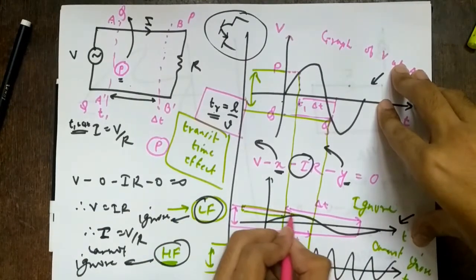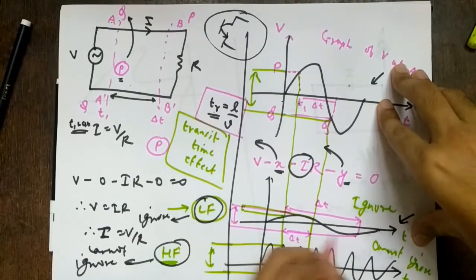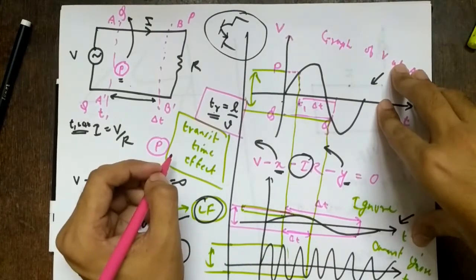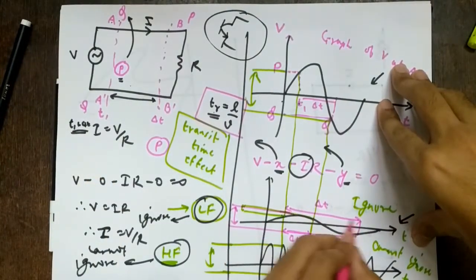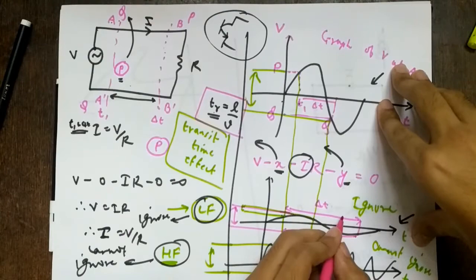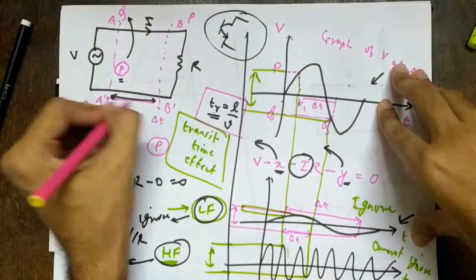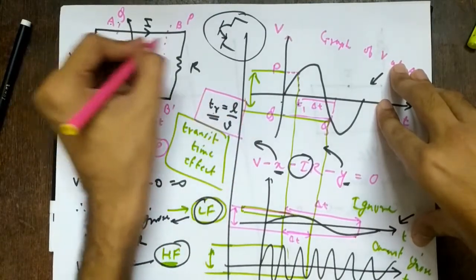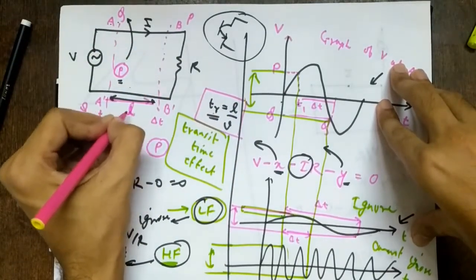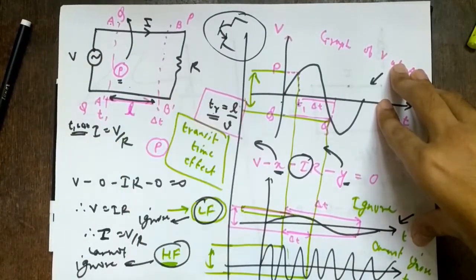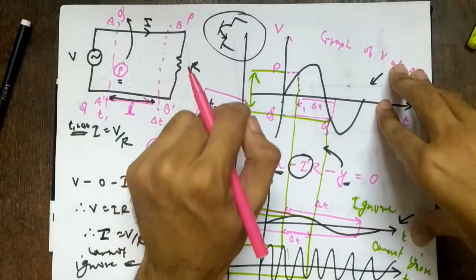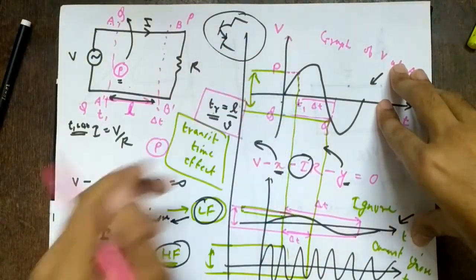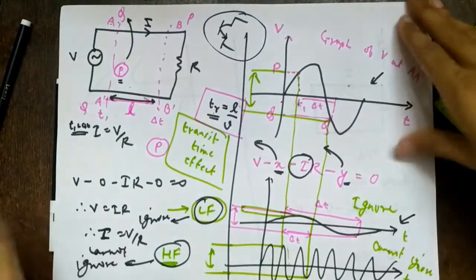This is a positive voltage, this is a negative voltage, so this is a huge difference. If the transit time is high, this length L has to be high. What is L? The length of the transmission line. So if the length of the transmission line is high, then also I cannot ignore this. Then also I have to take this effect into consideration.